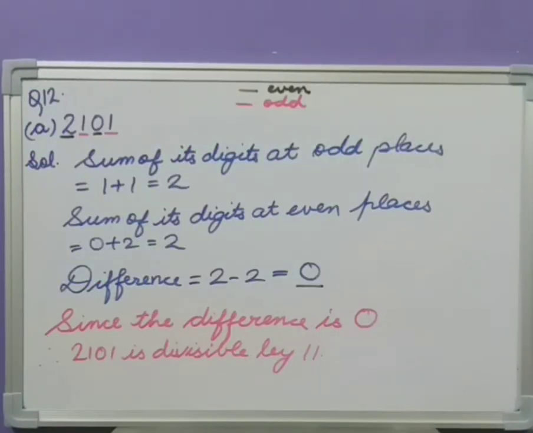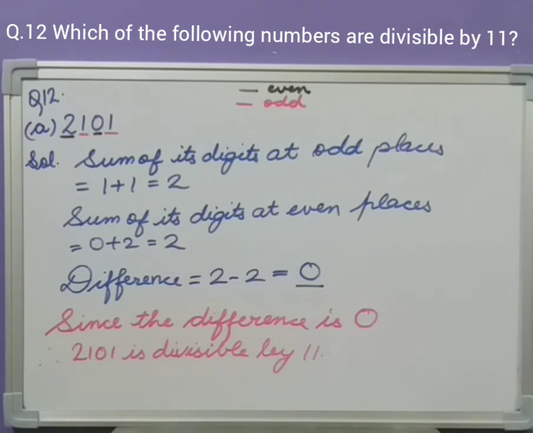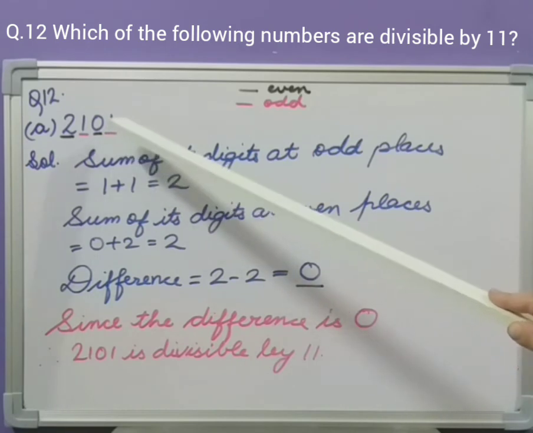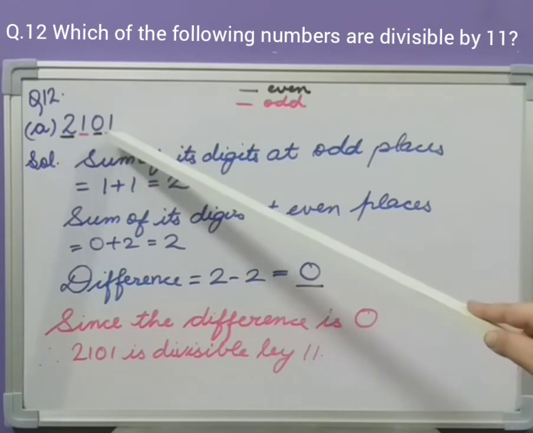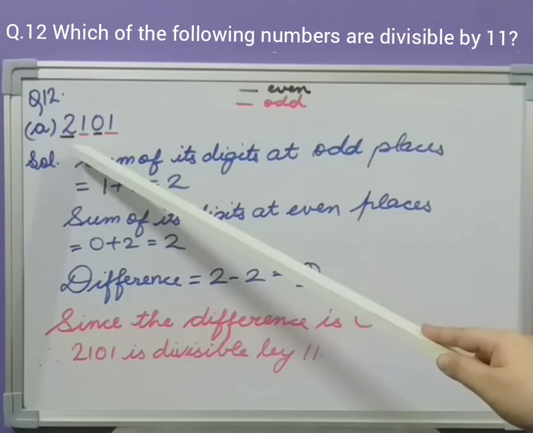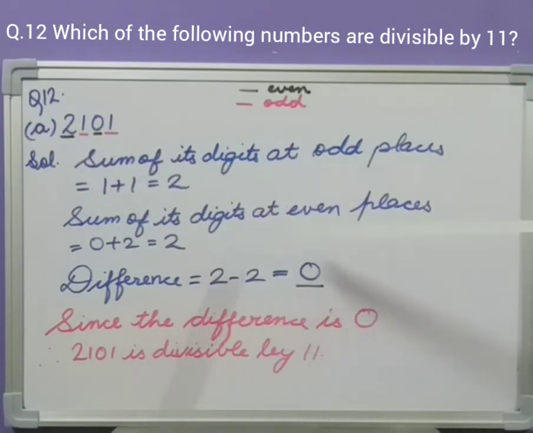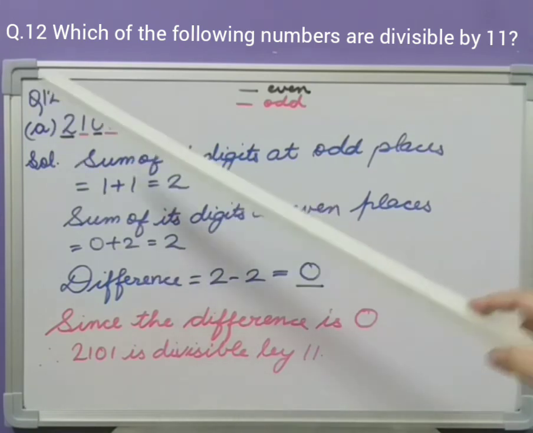Question number 12. Which of the following is divisible by 11? Now, the condition for divisibility by 11 is that first we need to find out the sum of the digits which are at odd places. These are the odd places, and the sum of the digits at even places.